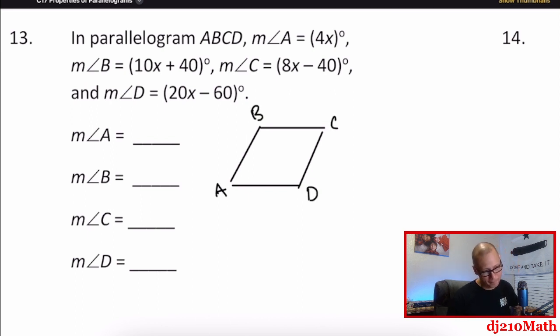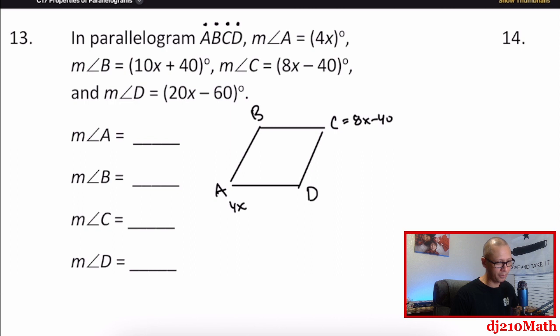Is it pictorially correct? I don't know. But it doesn't change the fact that opposite sides are going to be congruent, and opposite angles are going to be congruent. So if A is 4x, C is going to be 8x minus 40. Now, it's understood that you name shapes by their vertices.